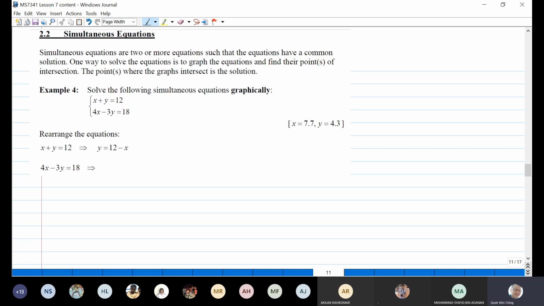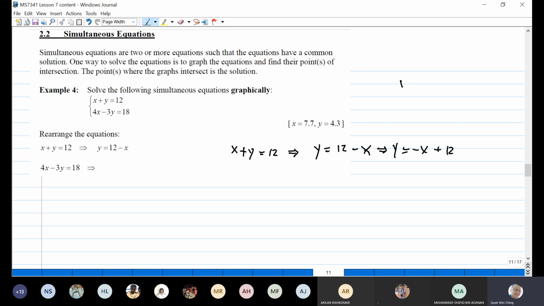So look at the first equation: x plus y equals 12. You want to write the equation with y on the left hand side. So y equals 12 minus x, or you can write y equals minus x plus 12. Now what is m?